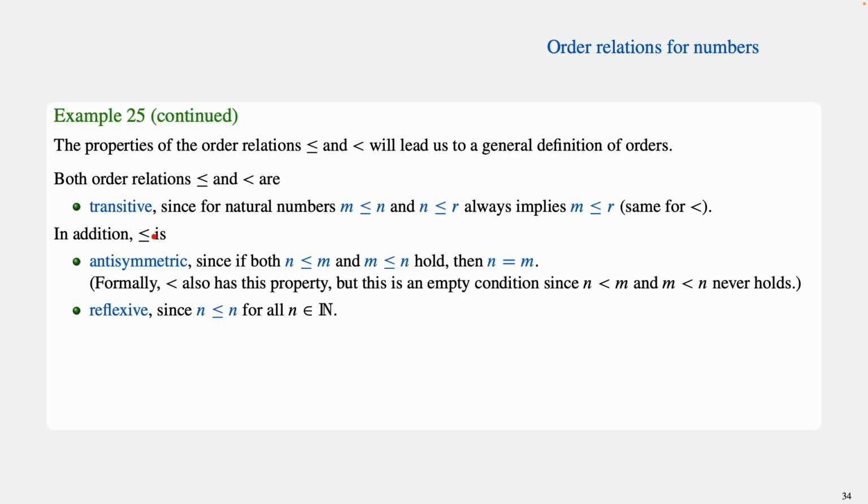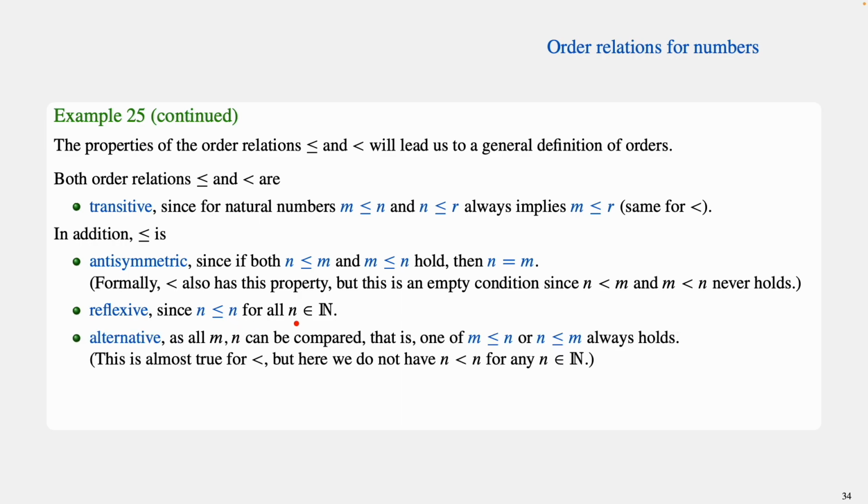Now, less or equal is also reflexive, since n is less or equal to n for every element in the natural numbers. And it is alternative. Recall what that means. It means that all elements m and n can be compared. That is, we either have m less or equal to n or we have n less or equal to m. One of the two always holds.